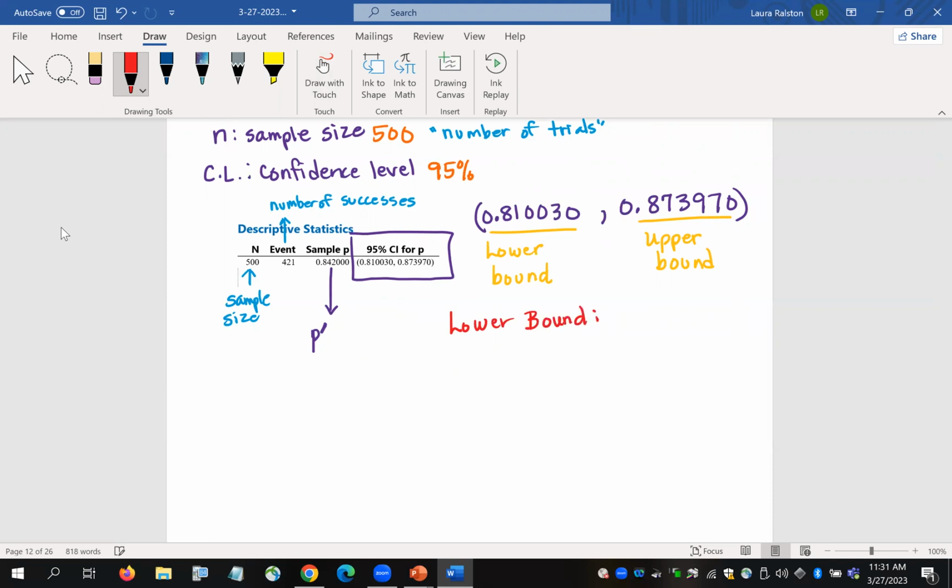So you would write down 0.810030. Then what is the upper bound? 0.873970. Those answers, just as before, come directly from Minitab.